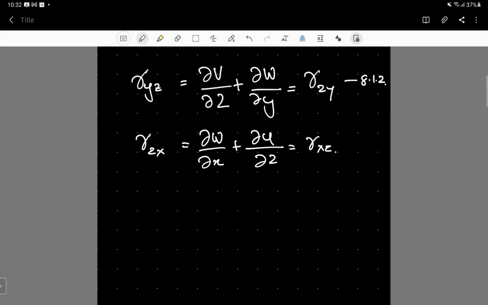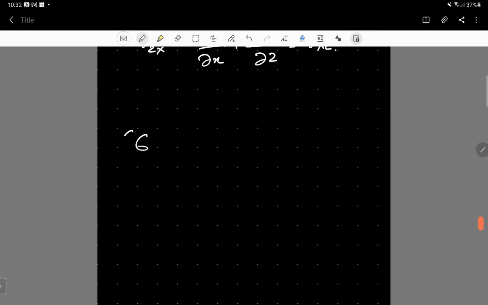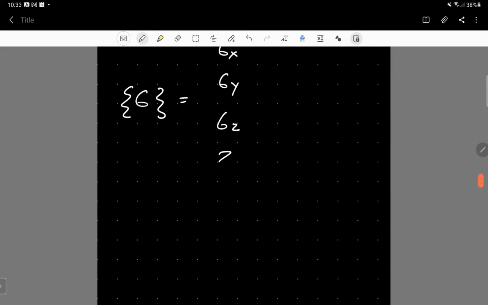Right. So we know for shear stresses, there are only three independent shear strains which exist. So we can write the representation for stresses and strains in the form of column matrices. The stress matrix would be the normal stresses acting in X, Y, and Z direction, and the shear stresses acting along the XY plane, YZ plane, and ZX plane.